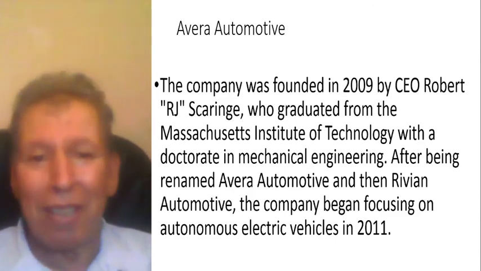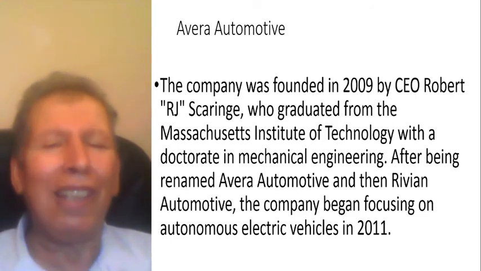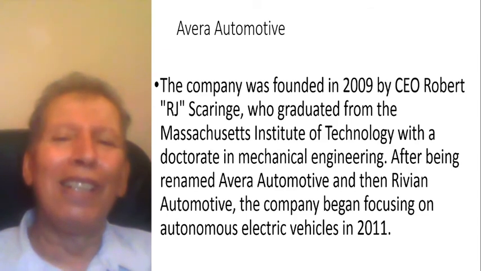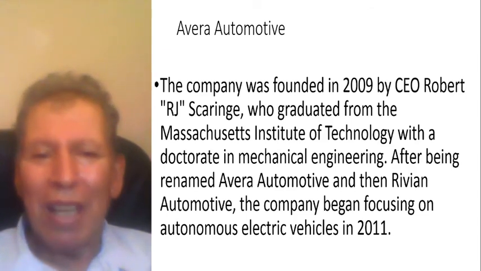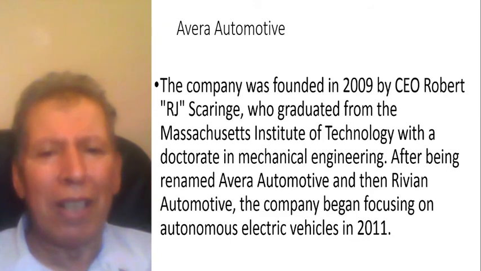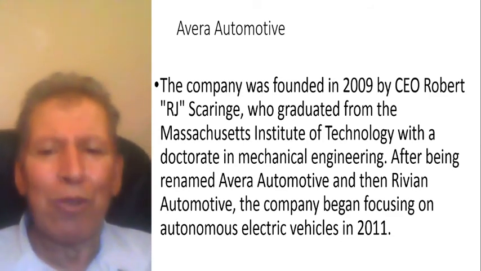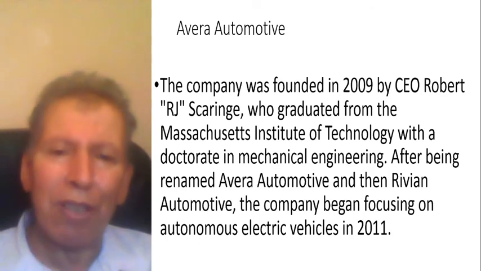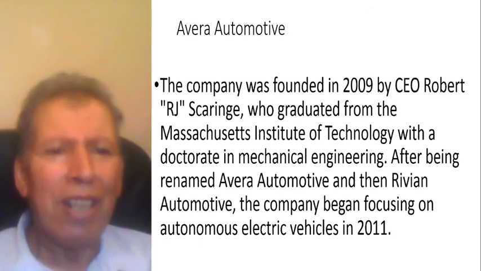So it's somebody like you who is going to create an entirely electric truck. After being renamed Avera Automotive and then Rivian Automotive, the company began focusing on autonomous electric vehicles in 2011. So it's a fierce competition between Elon Musk and Robert Scaringe.